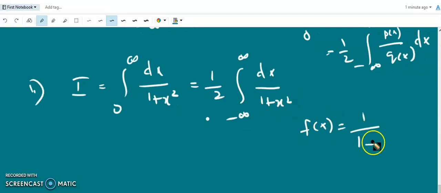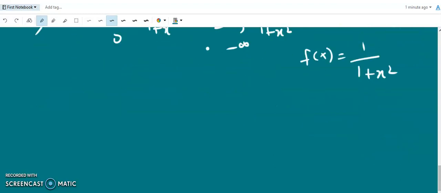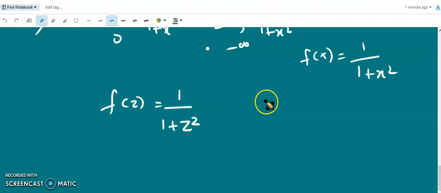So the corresponding complex function f of z is equal to 1 over 1 plus z square. So we have to replace x with z first. This 1 plus z square can be written in a square plus b square form, a plus ib into a minus ib.